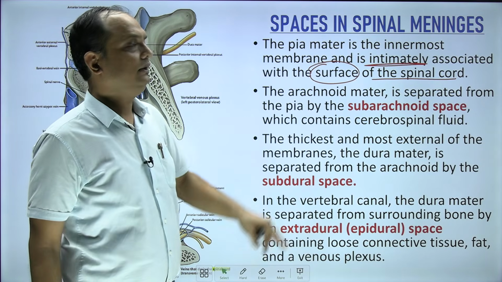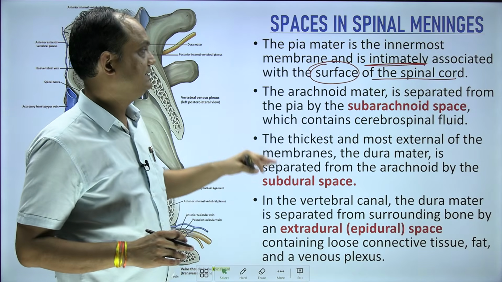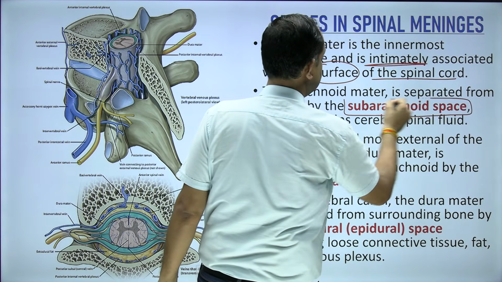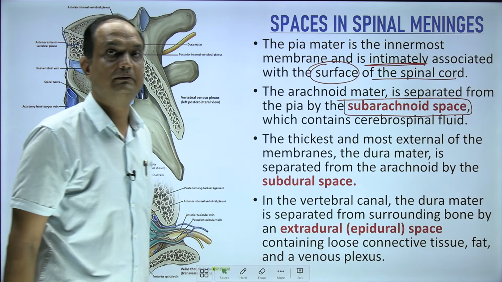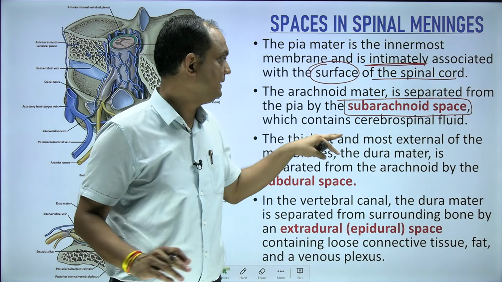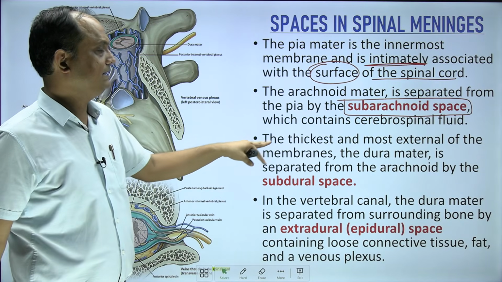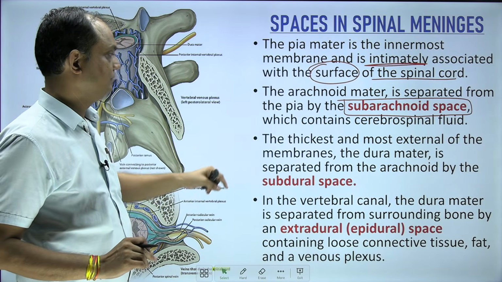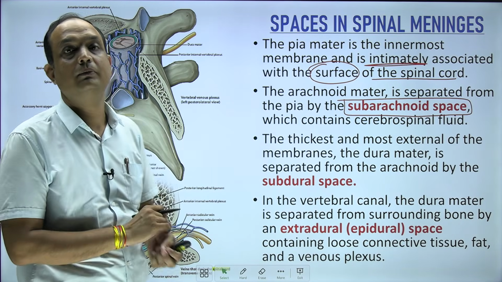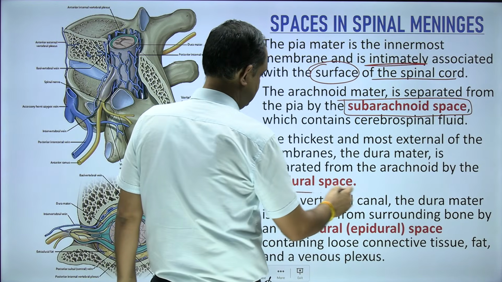The arachnoid mater is separated from the pia mater by a very important space known as the subarachnoid space, which contains cerebrospinal fluid. The thickest and most external membrane is the dura mater, and it is separated from the arachnoid by the subdural space.